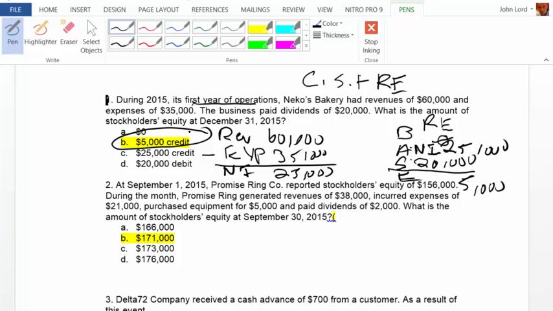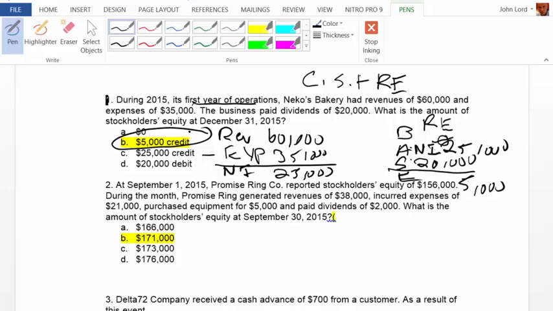Well, stockholders' equity is common stock plus retained earnings. Did they tell me anything about common stock here? You see what I was talking about not using your imagination? If you start using your imagination, you start saying, what about the equipment? Stockholders' equity is common stock and retained earnings. That's where you keep your head.